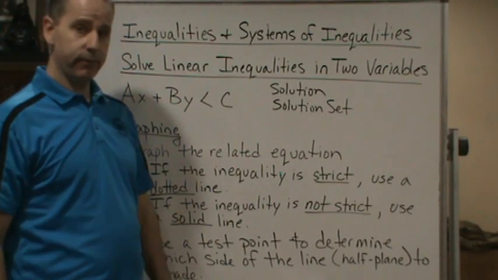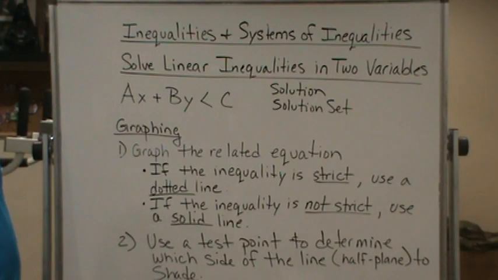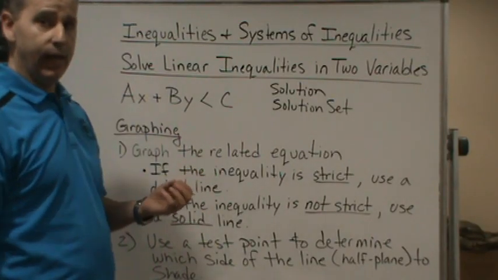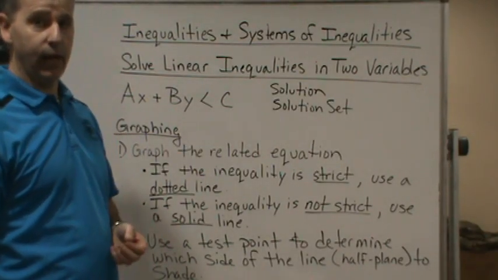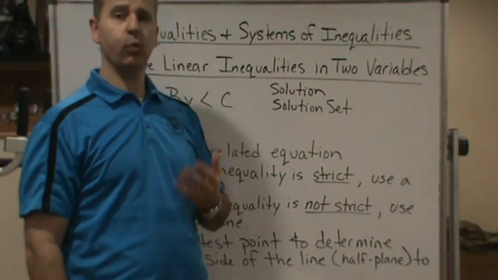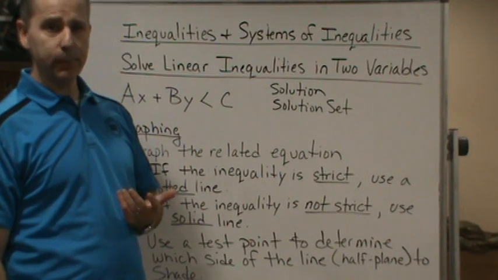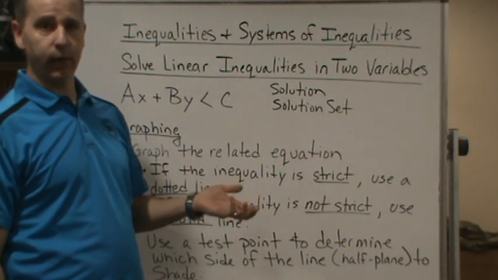Once we graph the line, the equation of the line, then we use a test point. We're going to choose a test point on either side of the line. It doesn't matter which side. You typically want to use a point that's easy. Typically, the origin is a great point.